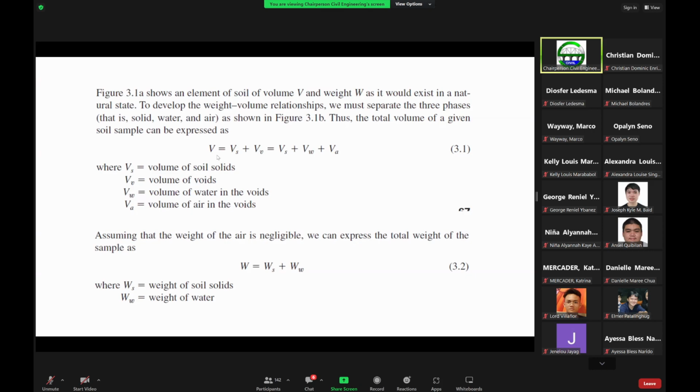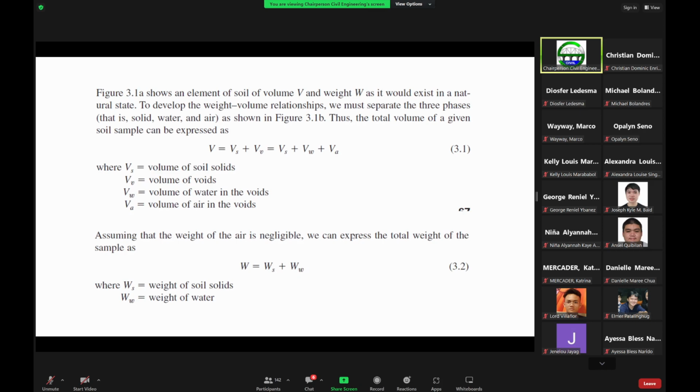Or the total volume is equal to the volume of the solids plus the volume of water plus the volume of the air. That's with respect to the volume. With respect to the weight, wherein we consider the weight of the air to be negligible, the total weight of the sample, W, is equal to the weight of the soil solids plus the weight of the voids.